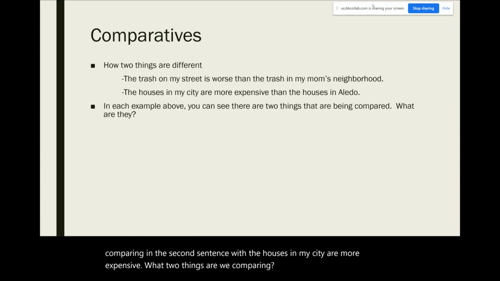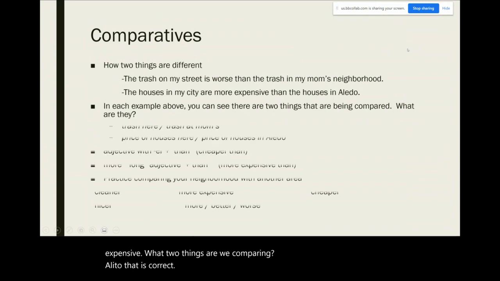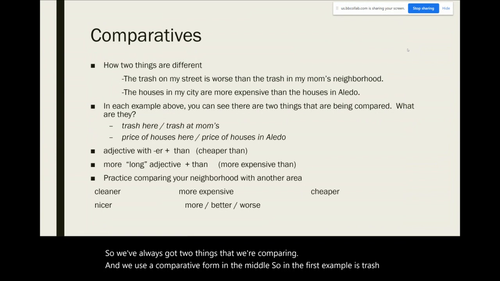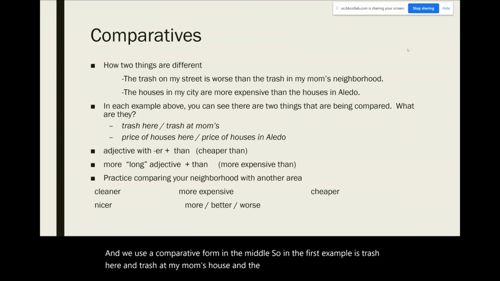The houses in my city and the houses in Aledo. That is correct. So we've always got two things that we're comparing, and we use a comparative form in the middle. In the first example, it's trash here and trash at my mom's house. In the second example, the prices of houses here, the price of houses in Aledo.